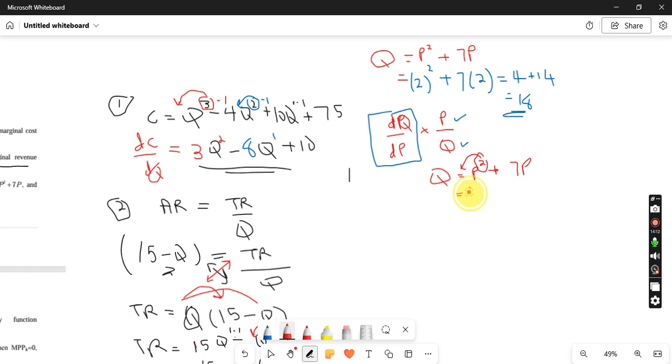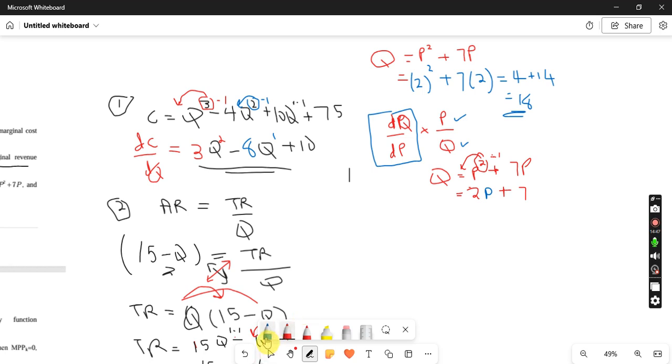Subtract a 1 from the power, 2 minus 1, that is 1, so we have 2P, plus, when we derive 7P, it just becomes 7. Alright, this is our derivative.